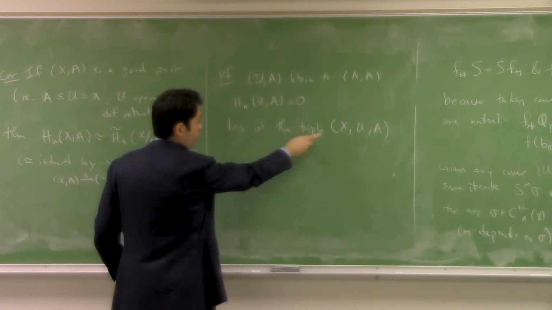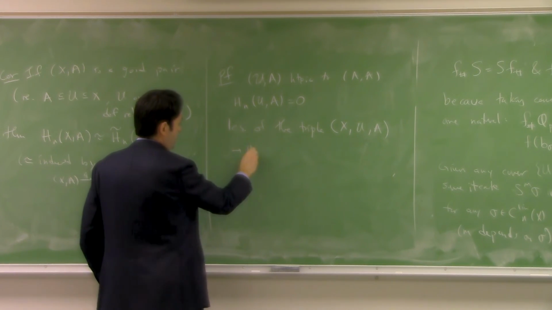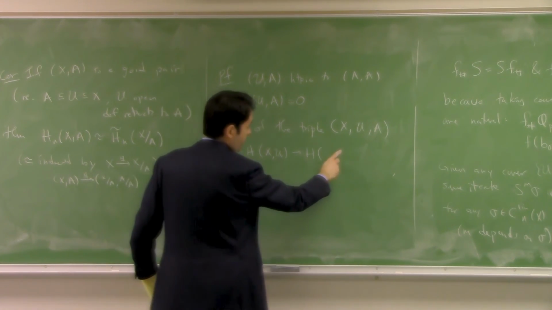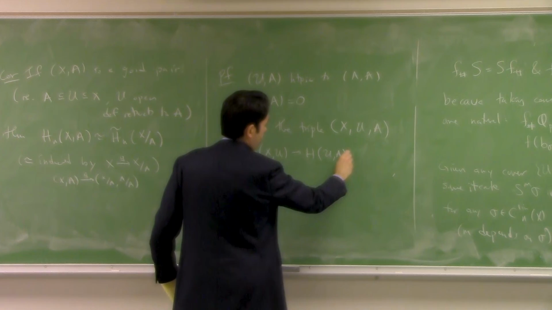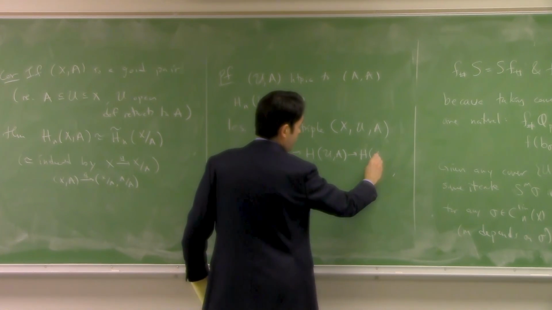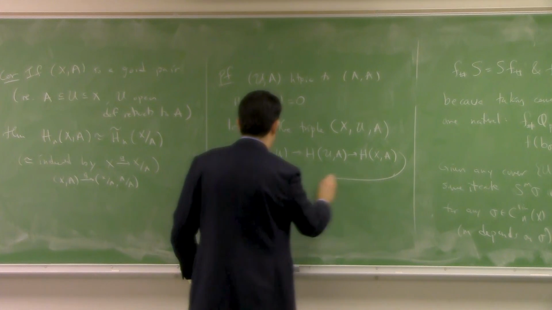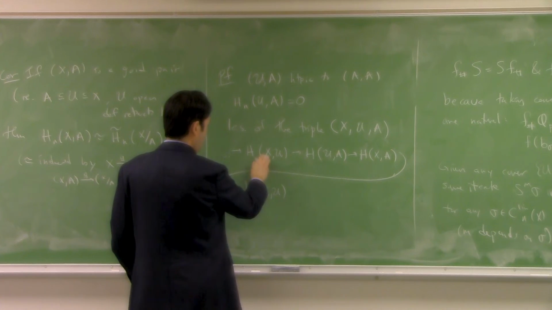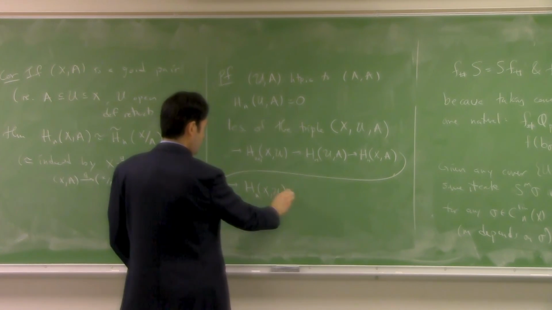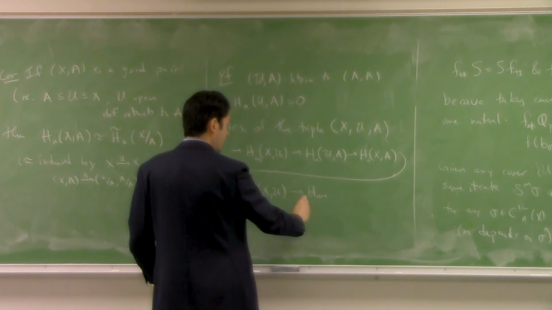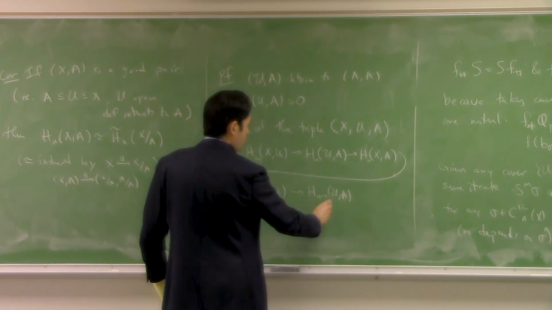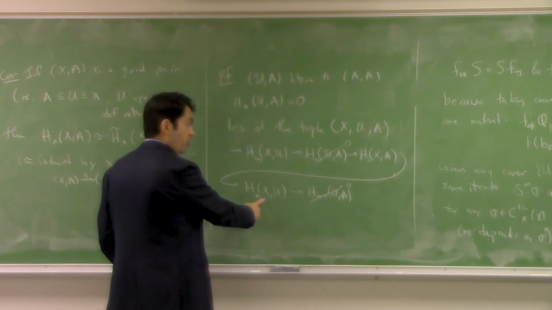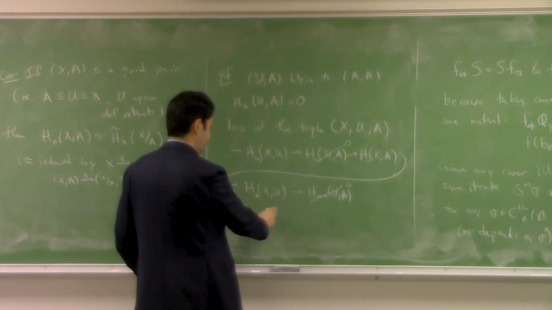Remember, this would be (X, U) maps to (U, A) maps to (X, A) maps back to (X, U), with degrees n plus 1, n, and then n minus 1. So if this is 0 and this is 0, then this map is always an isomorphism.